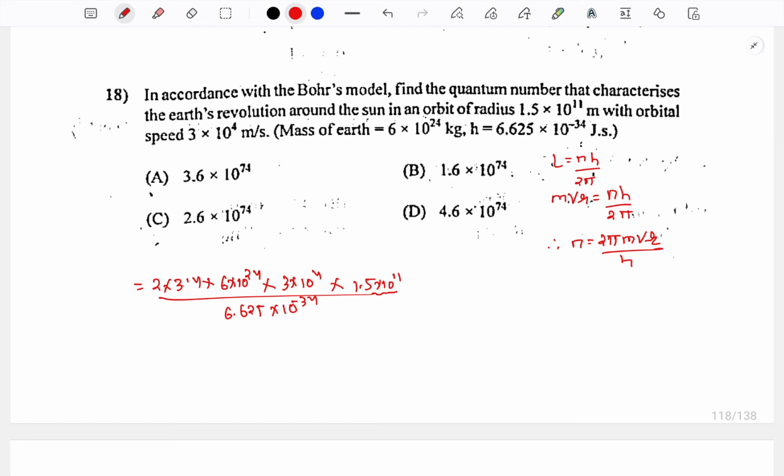On calculating this, our answer will be 25.59 multiplied by 10 to the power 73. Therefore the answer will be 2.5 into 10 to the power 74. n is equal to 2.5 into 10 to the power 74. It is option 4.